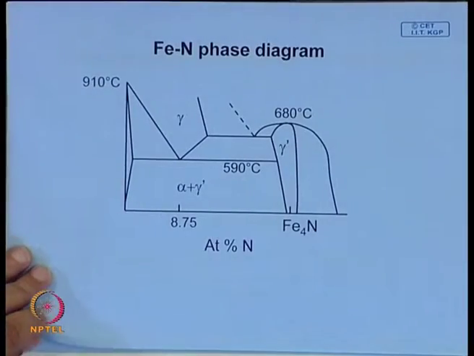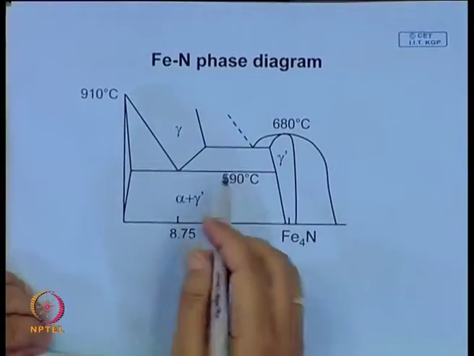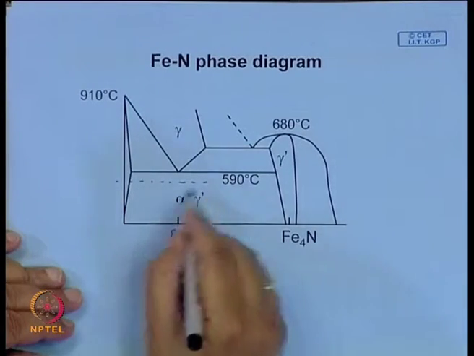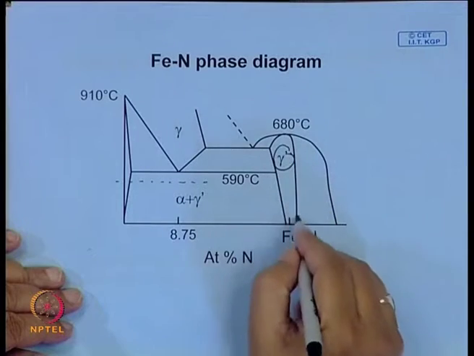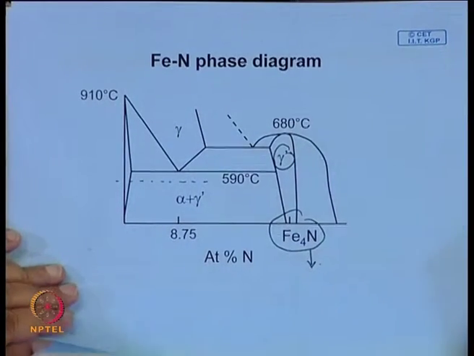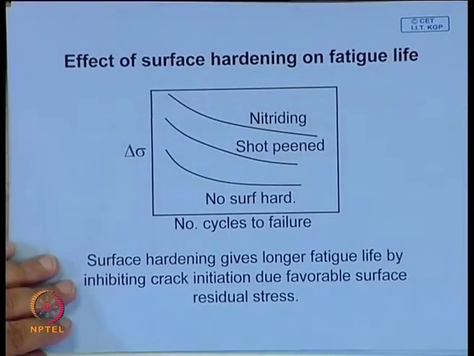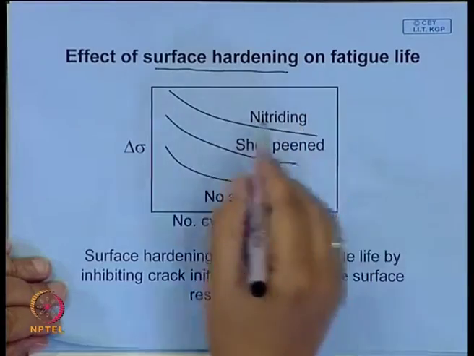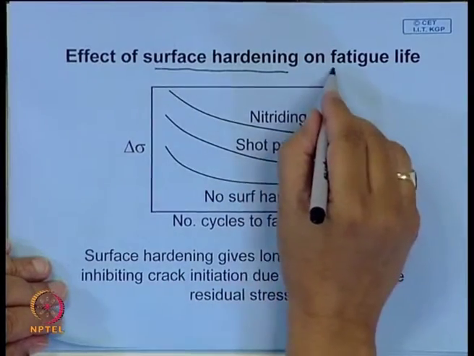It will be interesting to look at the iron nitrogen phase diagram. You have the normal nitriding treatment in this region, and this is the gamma prime, which is very brittle, and we should try and avoid this. The main reason for this treatment is the favorable effect of surface hardening on fatigue life.